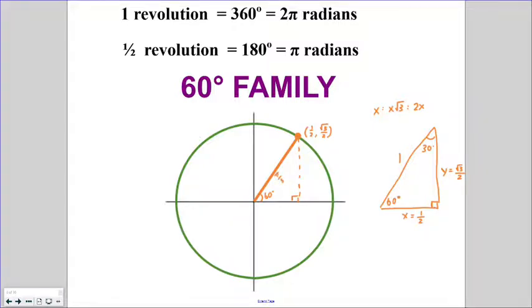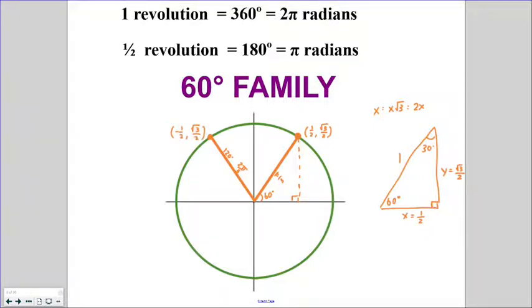Okay, now I'm going to go another 60 degrees. Another 60 degrees is going to get us to 120 degrees, or 2 pi over 3. And this is in the second quadrant. So remember, in the second quadrant, our x values are negative, our y values are positive.